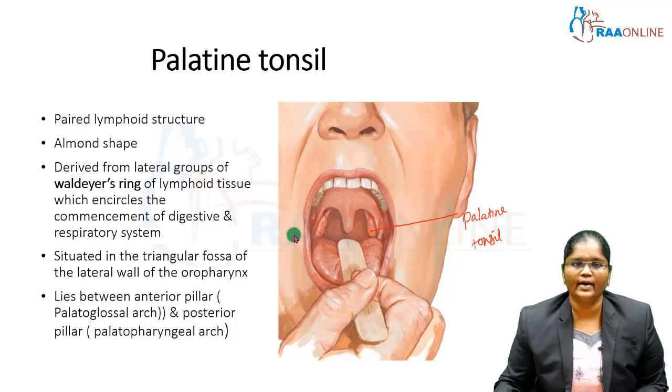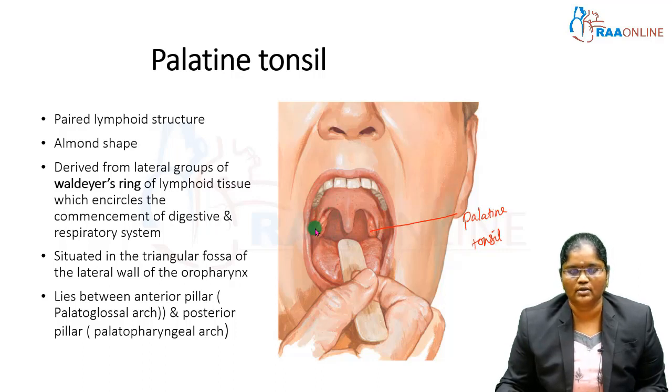It is situated in a triangular fossa of the lateral wall of the oropharynx and it lies between two pillars, anterior pillar and posterior pillar. The anterior pillar, which is closer to the tongue, is the palatoglossal arch. The posterior pillar is called palatopharyngeal arch.